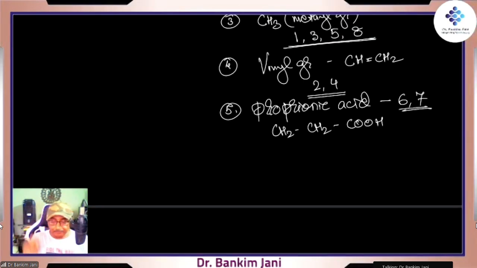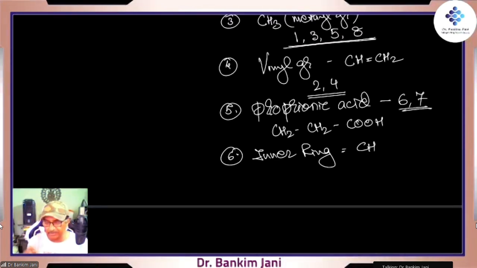The next step is to connect the inner ring. The inner ring will be connected using CH. Then we have to make the bonds. The bonds are resonance bonds.